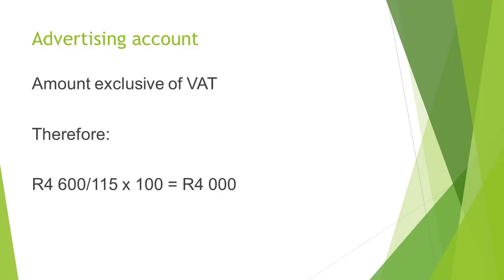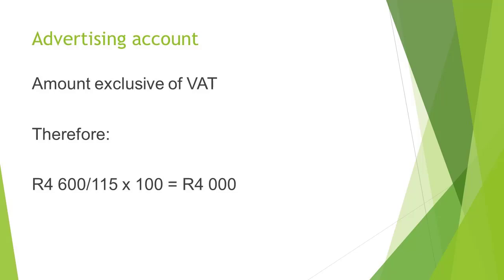Let's look at the advertising account. The amount was given VAT inclusive, but the expense must be recorded exclusive of VAT, since the VAT portion we can claim back from SARS, which in reality then means the business only incurred the expense exclusive of VAT.